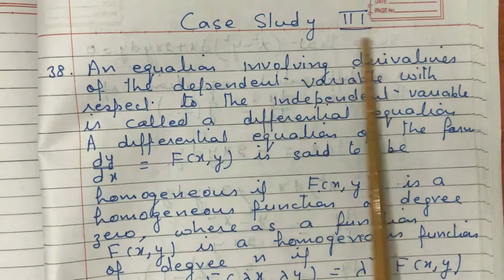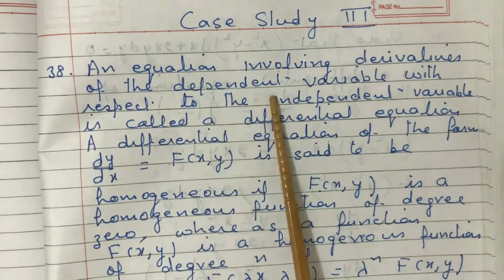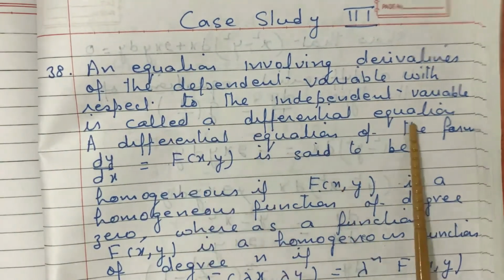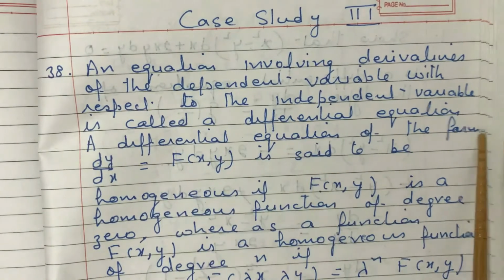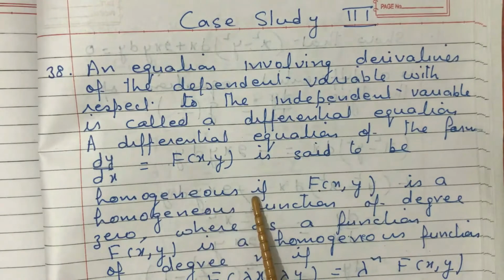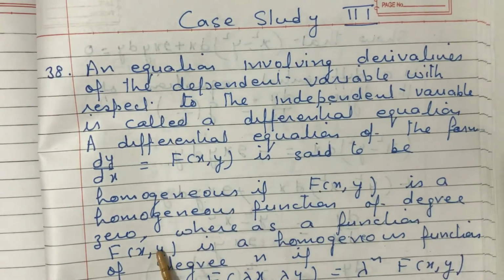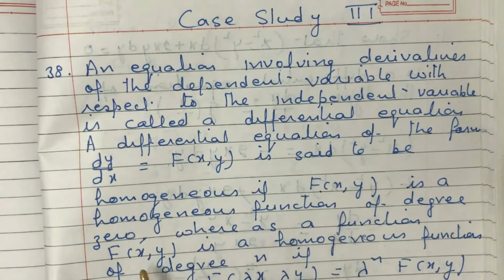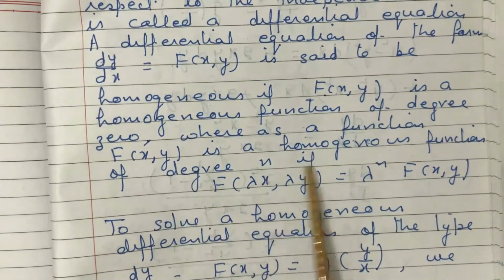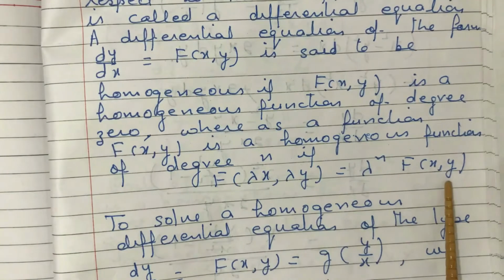Now the case study 3, question number 38. An equation involving derivatives of the dependent variable with respect to the independent variable is called a differential equation. A differential equation of the form dy by dx is equal to f(x,y) is said to be homogeneous if f(x,y) is a homogeneous function of degree 0, whereas a function f(x,y) is a homogeneous function of degree n if f(lambda x, lambda y) is equal to lambda raised to power n f(x,y).